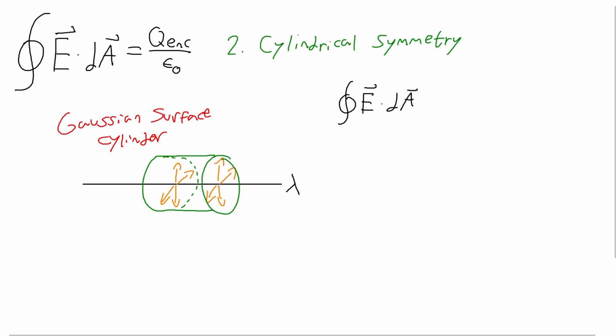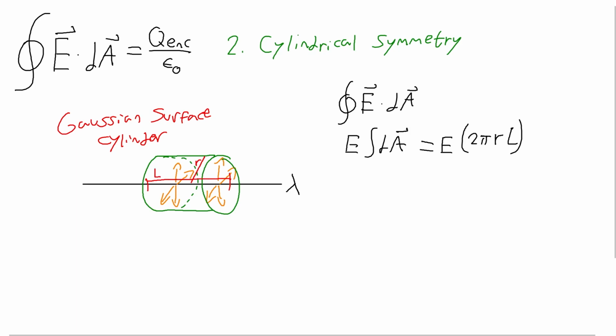Again, the electric field is constant at all points, so you can pull it out of the integral. And what you're left with is another surface area integral, which for a cylinder is just 2 pi RL, where R, again, is the radius of the cylinder, and L is the length of the cylinder.